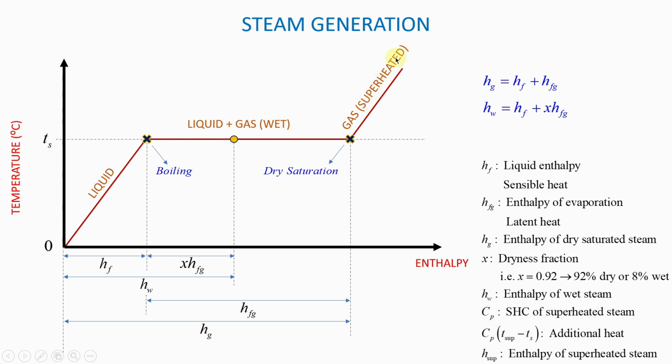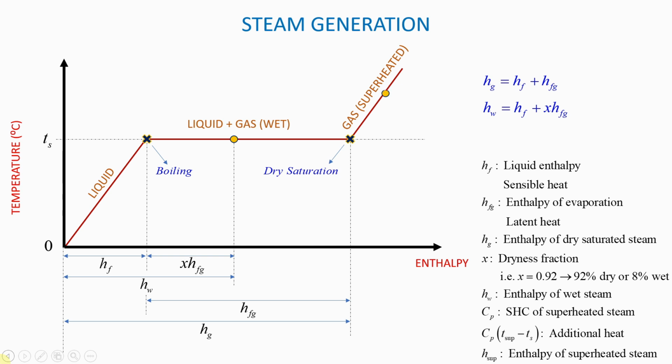Superheated gas is gas that is at a temperature greater than saturation temperature or boiling temperature. If the steam is at a temperature that is greater than the boiling point or the saturation temperature, so any point here will be superheated, okay?